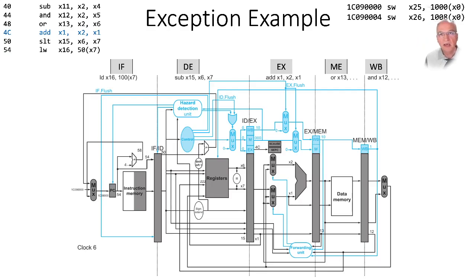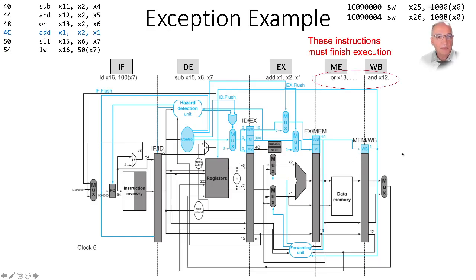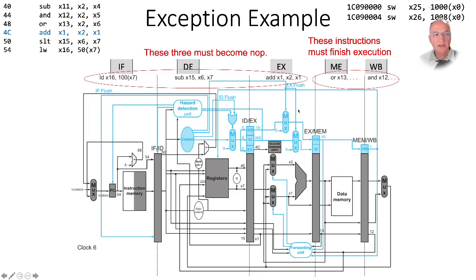And what is going to happen is that the pipeline will continue executing, and the instructions will keep propagating through the pipeline in such a way that the instructions that are ahead of that add in the pipeline will go to completion, and the instruction that caused the exception and the instructions that came before it will be flushed.